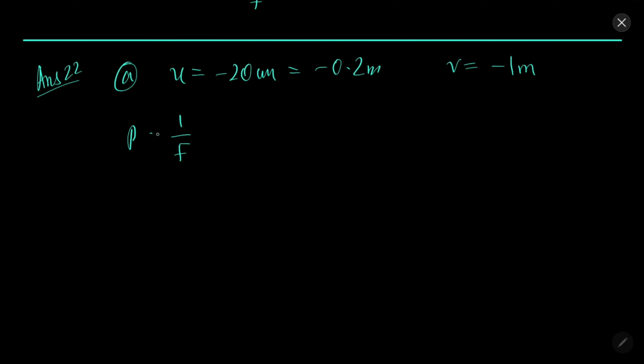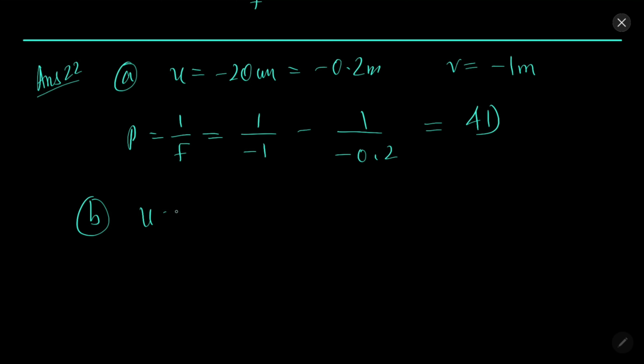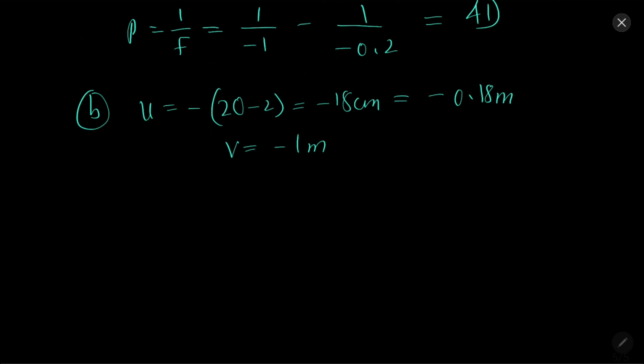So 1 by f for power will be 1 minus 0.24 diopters. Situation B. So power will come out to be 4.5 diopter here.